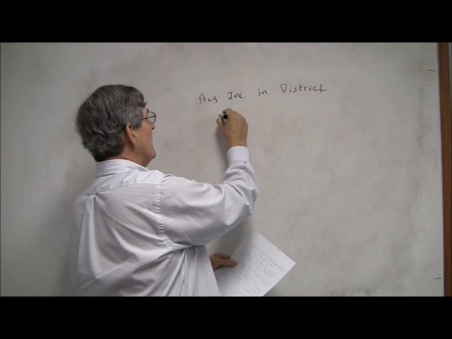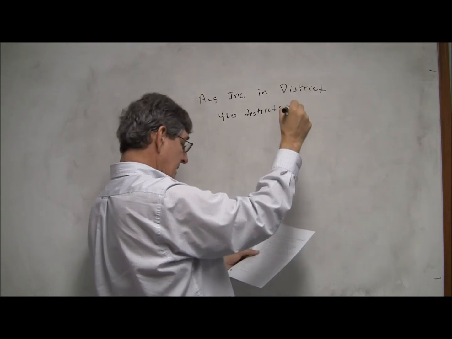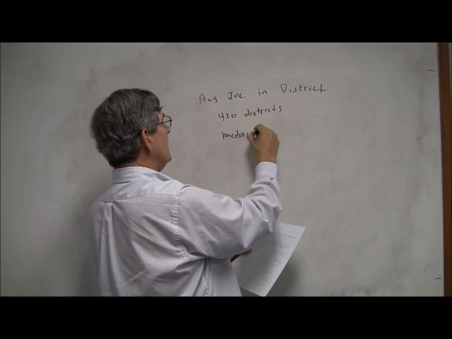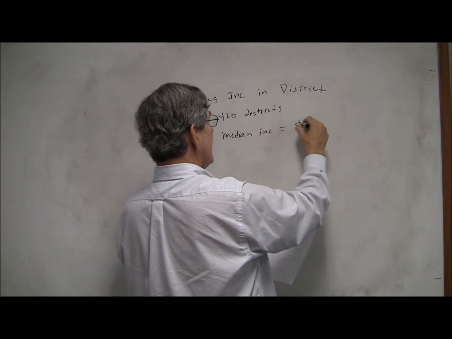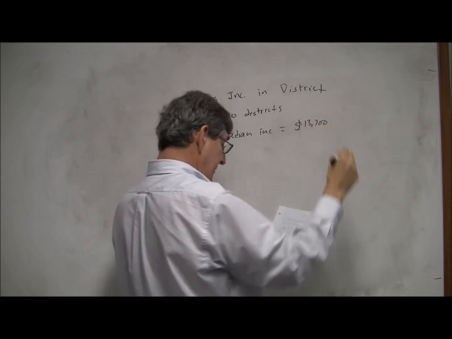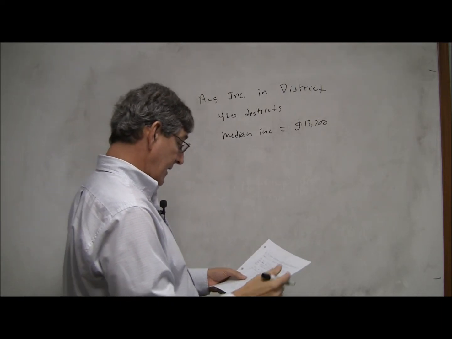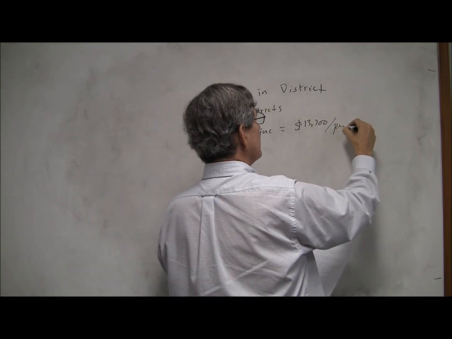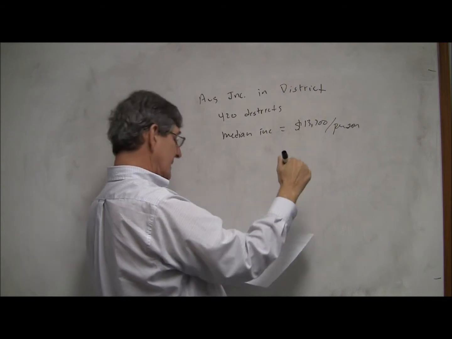So remember, there's 420 districts. The median income, median is half above, half below, is 13,700. That's family income. And it varies, per person in the household, I should have said. So if you have 4 people, 4 times that is the median income.